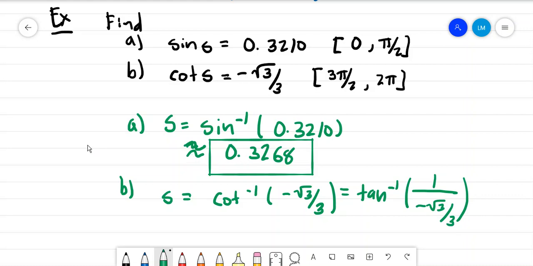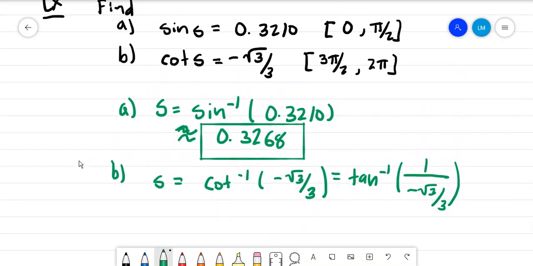Now, when you have exact values like this, it's probably best to not use the calculator necessarily because it's going to give you a different answer.